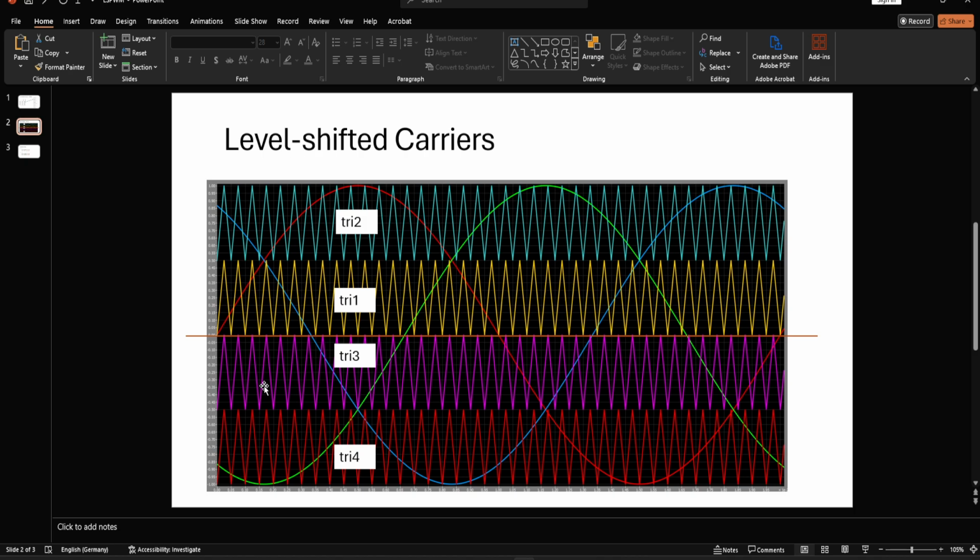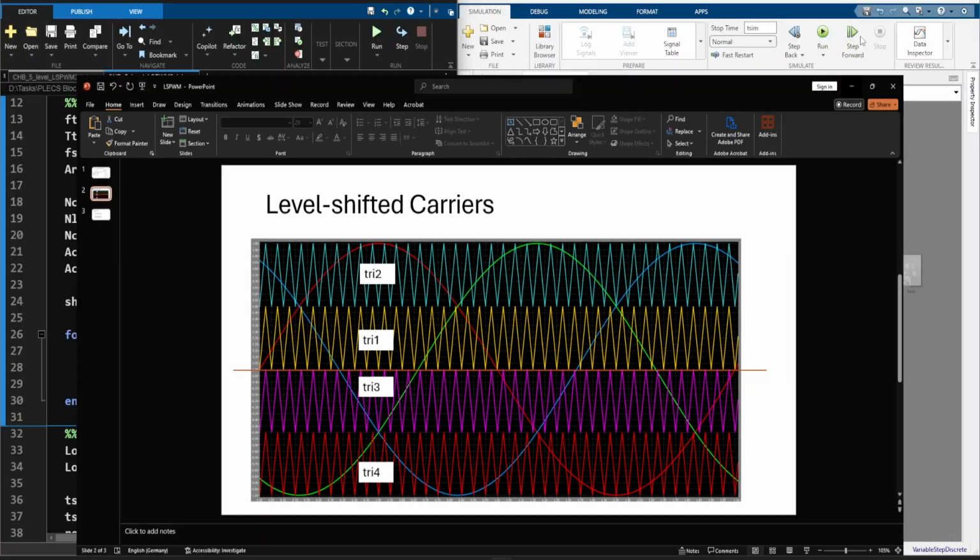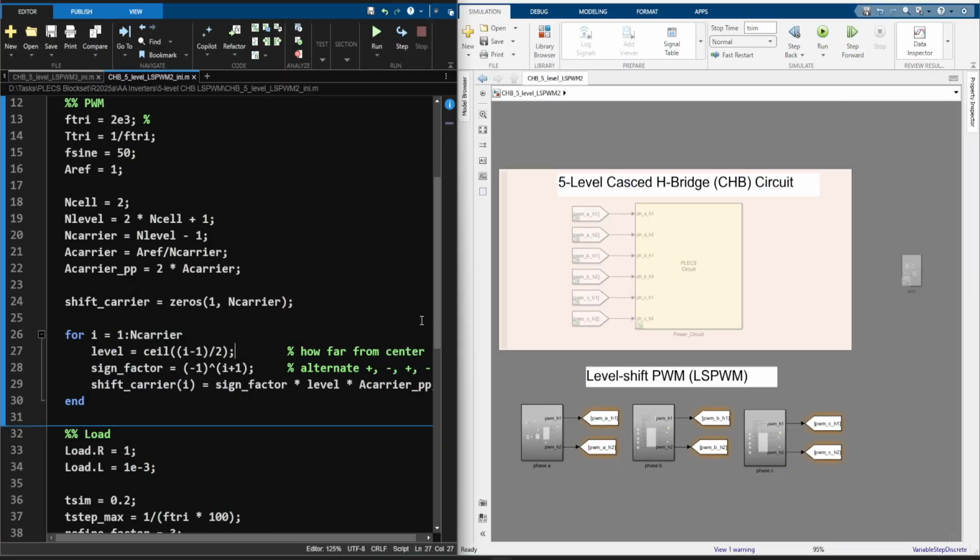And again, for the second pair of carrier waves, triangle 2 and triangle 4 here, one goes upward, in the positive direction, and another goes downwards, in the negative direction. For these alternating waves, I have taken a sign that alternates between plus and minus, and ultimately the shift of the carriers is found by multiplying the sign factor by the level and also the carrier peak to peak.